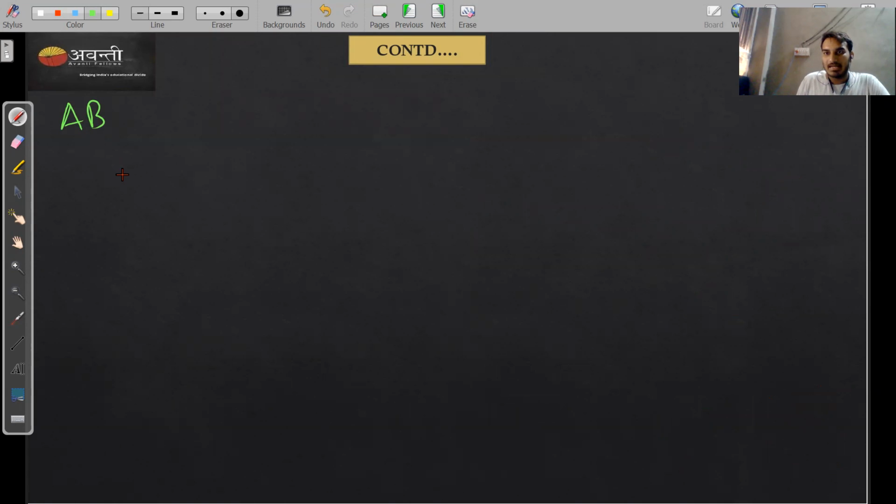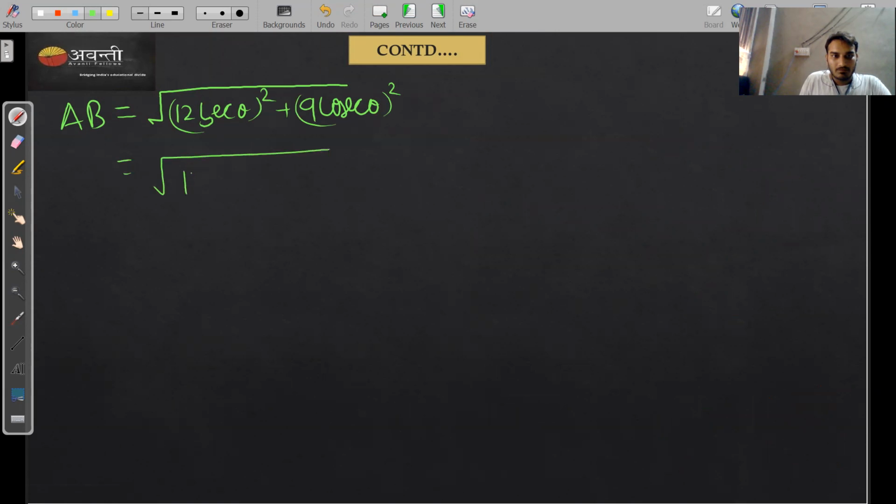AB is the distance of these two points. We know the coordinates of A and B, so it is under root of 12 sec theta whole square plus 9 cosec theta whole square. You solve it and get 144 sec square theta plus 81 cosec square theta. I'm converting this in terms of tan and cot.